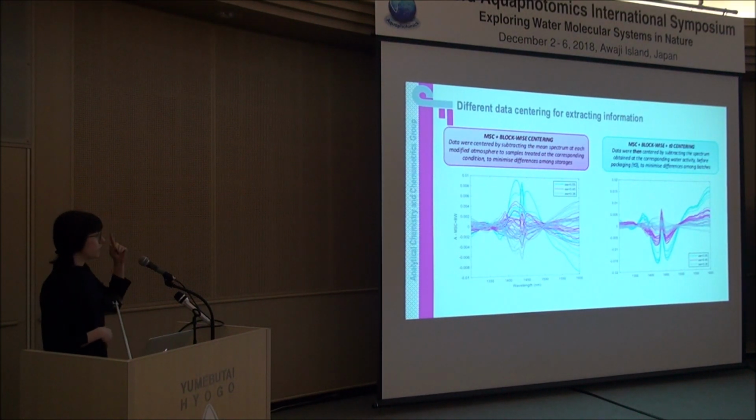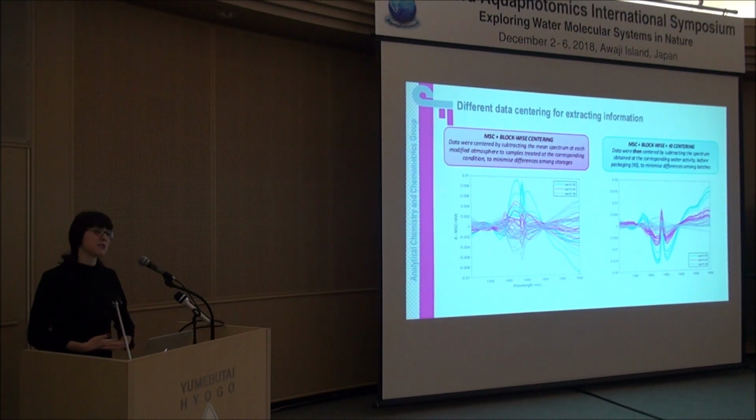And we had an idea then that was also to minimize differences among batches before the packaging, to have similar rice germ submitted to the packaging. To do this, we make a T0 centering on top of MSC and blockwise. What is the T0 centering?